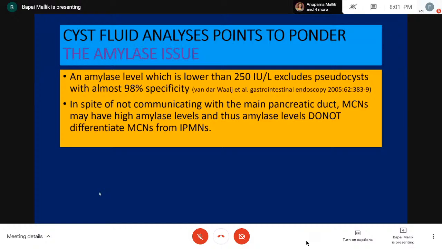So one expects that to differentiate between a mucinous cystic neoplasm and an IPMN, one could just say that if the level of amylase is high, it is most likely an IPMN. That is not the case, because for some reason, some mucinous cystic neoplasms show high amylase levels. So you cannot use amylase levels to differentiate between them.